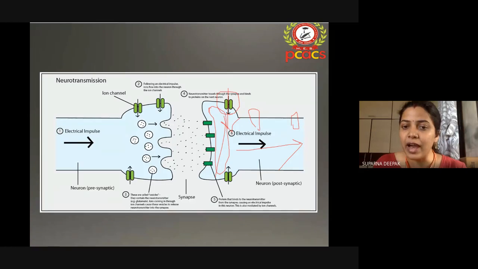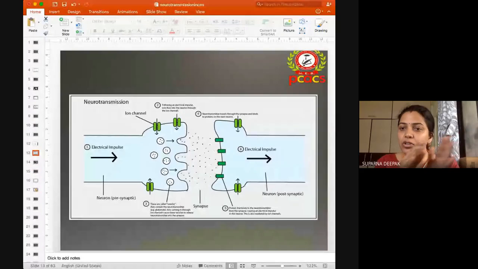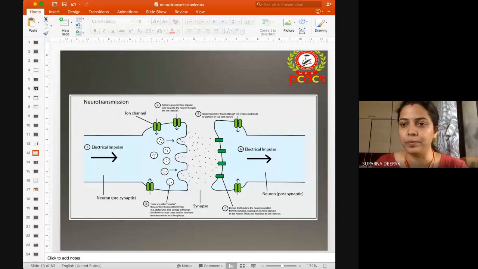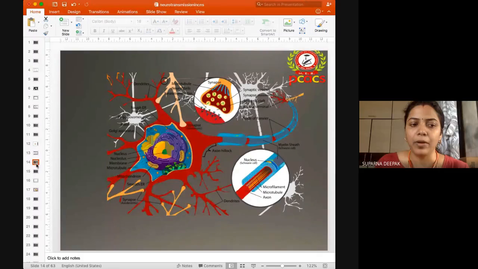Then this next region will also get depolarized, the channels will sense that change in voltage, open up and again allow more ions to come inside. Again this region will get depolarized, that will be sensed by the next voltage sensitive channels, they will open up and allow more ions to come inside. Understood? That is how this electric impulse will travel throughout the entire neuron. Am I clear, students? Everyone? Yes, ma'am.